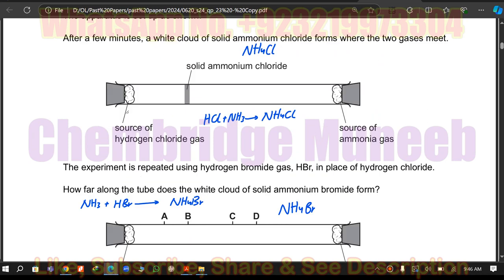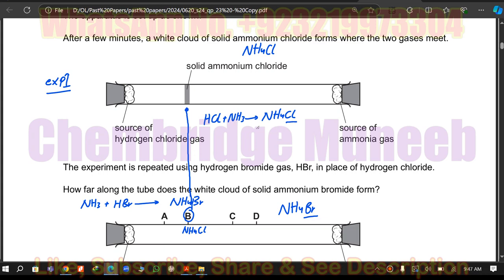We can see that in experiment number 1, the NH4Cl was produced at this point, and if we match this diagram with the other one, it is consistent with point B over here, which means in the first case the compound NH4Cl was produced at point B. But with NH4Br, there is a difference between the mass of Cl and the mass of bromine.